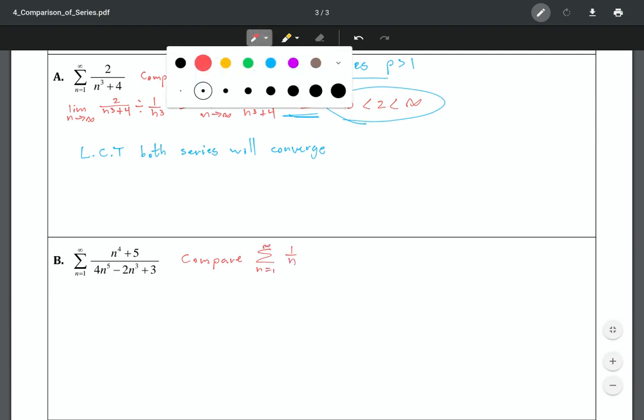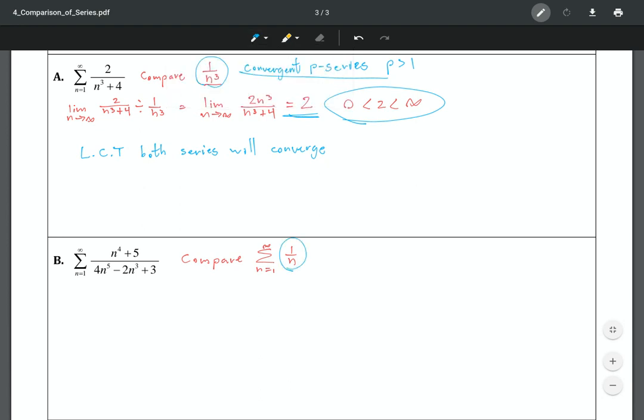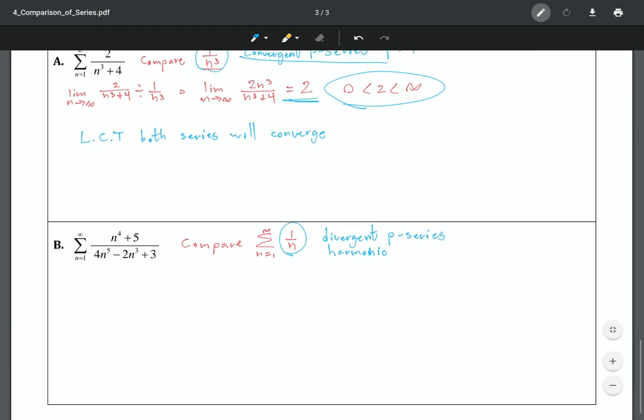Now, I know that 1 over n is divergent. Okay, and this is the part that's funny. That doesn't mean anything, all right? So it's only going to help you for the next step.